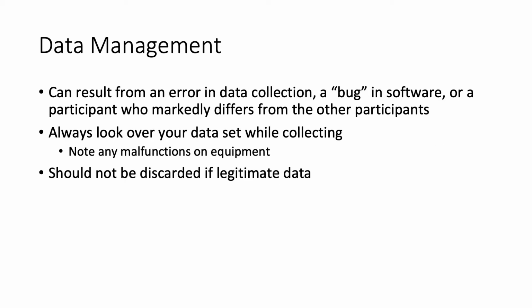Even though we can have an outlier from a participant who responds very well to a protocol, differing from other participants, you can also have an outlier resulting from an error in data collection.